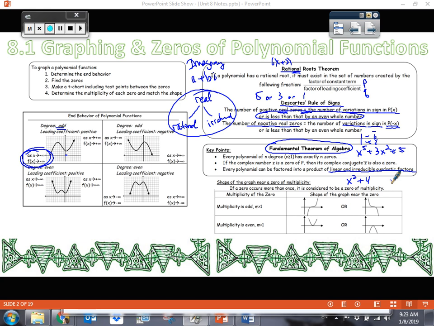It's irreducible because if I were to try to factor this, I would need the zeros of it, and the zeros of x squared plus 4 are imaginary. They're plus or minus 2i. So this is irreducible. This word is a big deal. Irreducible quadratic means that if I were to continue to factor, I would have to go into imaginaries. All right. There we go.